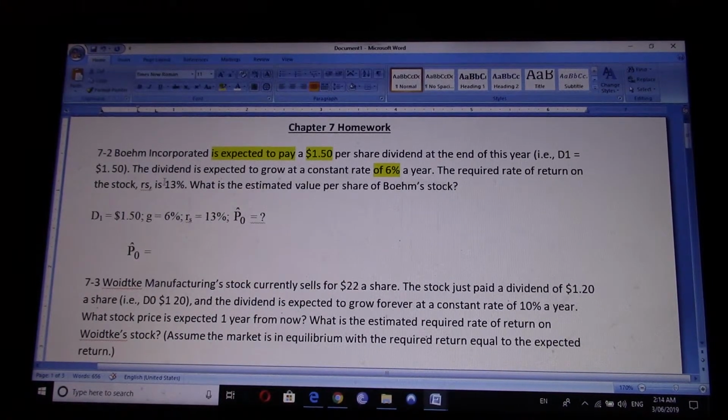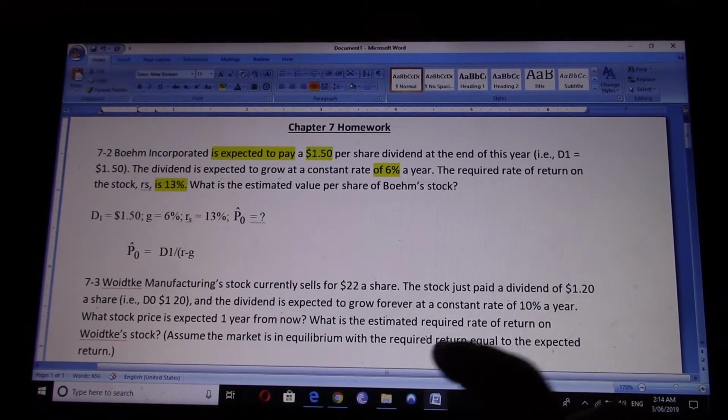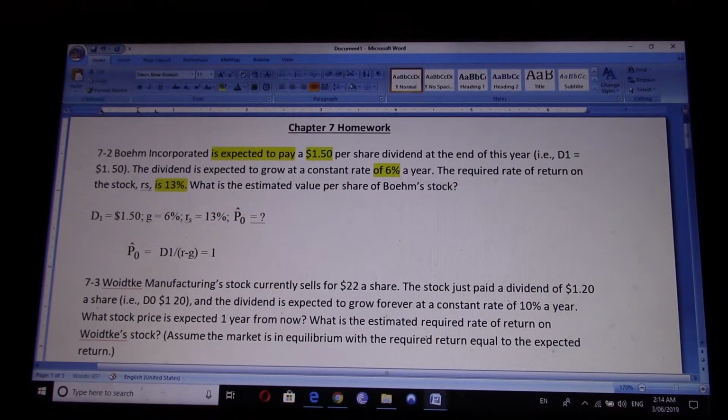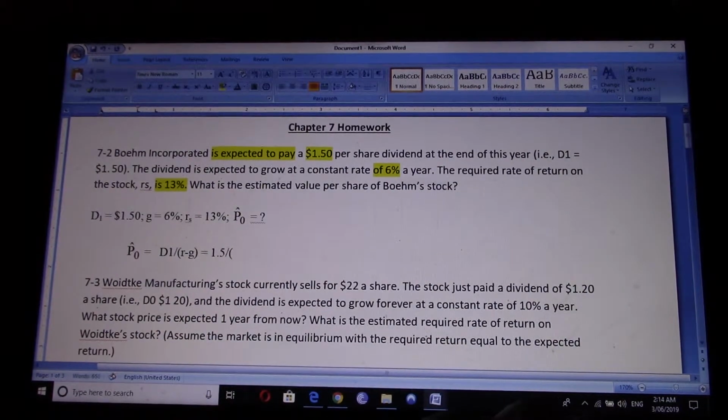The discount rate, or required rate of return of the stock, is given. So we can plug into the model, which is just D1 over R minus G, so it equals 1.5 over 13% minus 6%.